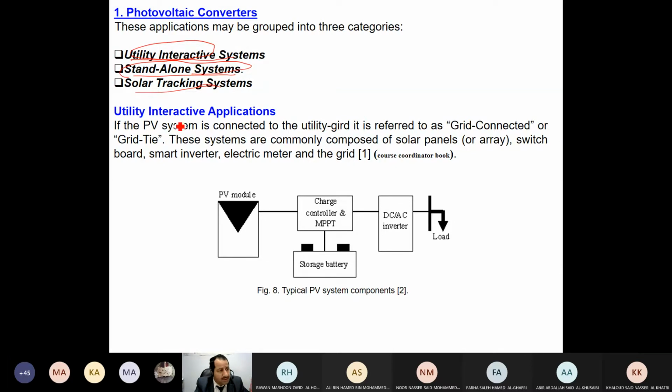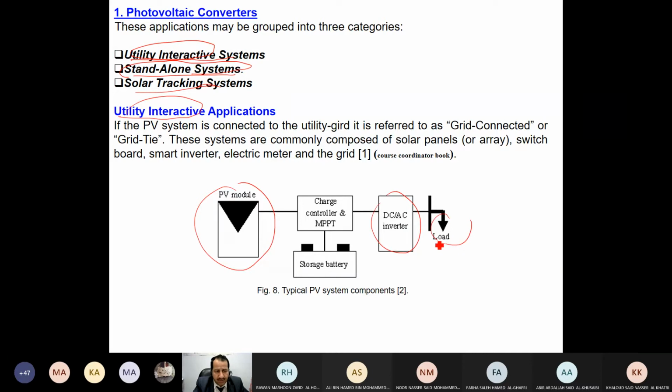Now, people mainly use utility interactive systems. They connect the panels on their roof, generate electricity, and sell it to the electricity company. The same situation today in Oman. The system is very simple. We have PV modules, put together to make a panel array, and we have an inverter.